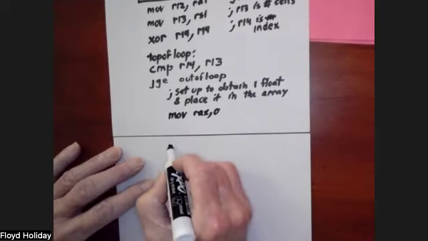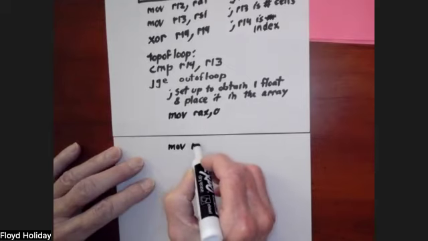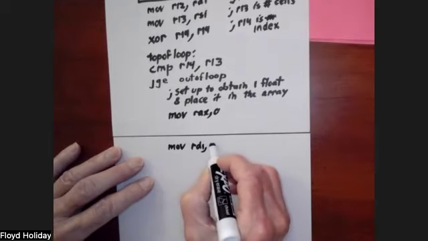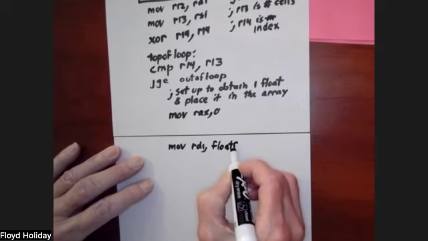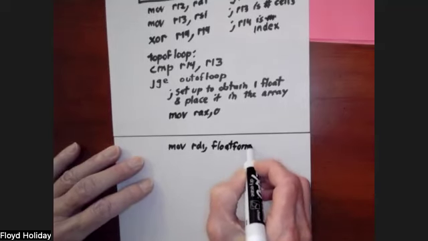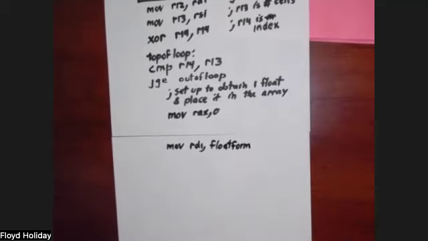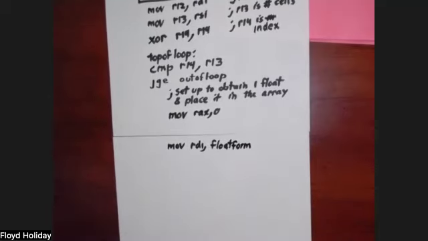Let's move RDI, the standard float format. And now scanf wants a pointer to the second parameter. A pointer is another way of saying it wants an address. What address does it want?